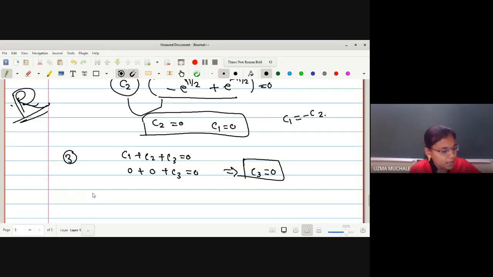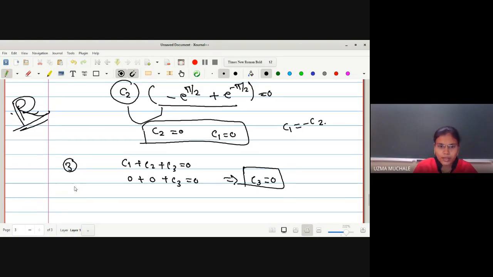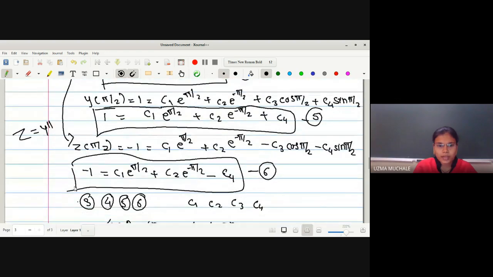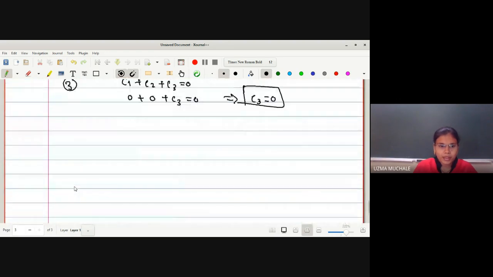What will be the value of C4? We can use our equation number 5; equations 3 and 4 we have already used. Equation 5 is C1 e raised to pi by 2 plus C2 e raised to minus pi by 2 plus C4. So what is the value of C1 we got? It is 0. C2 is also 0.